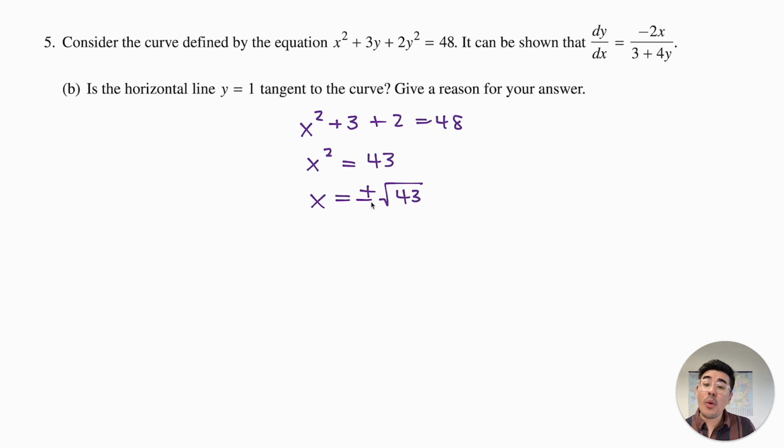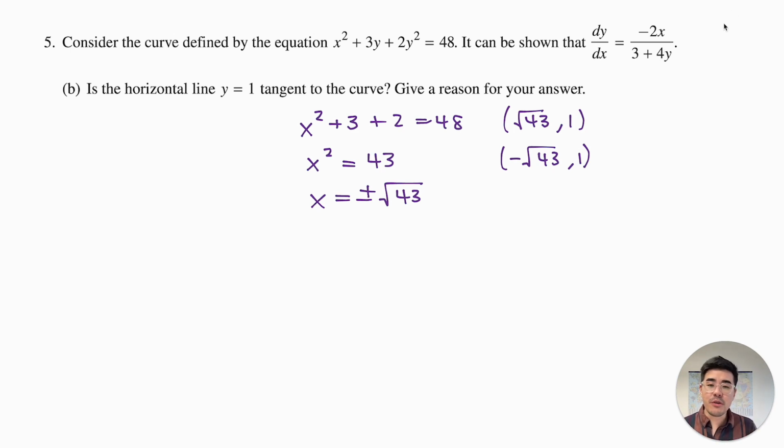So the points would be (root 43, 1) and (negative root 43, 1). And then when you plug them into this equation here, you would see that the slope would not equal 0.